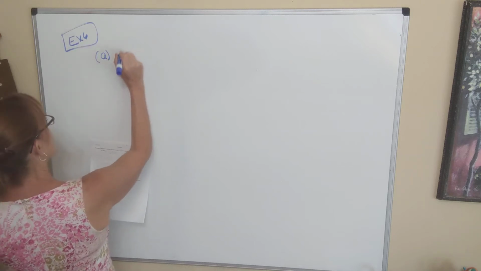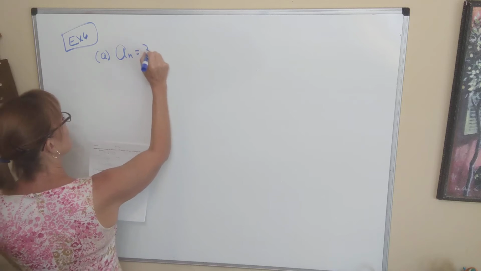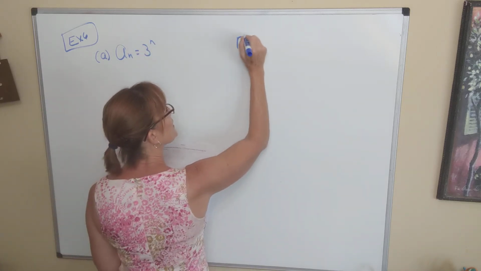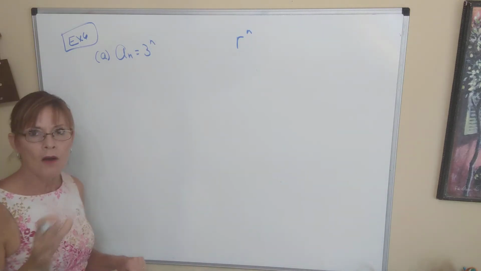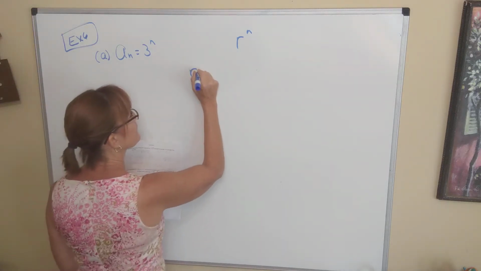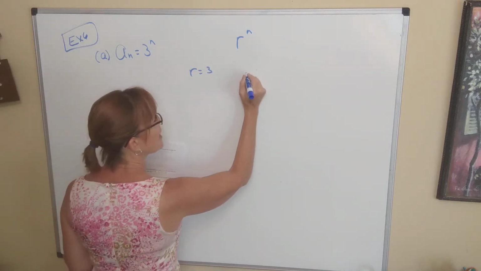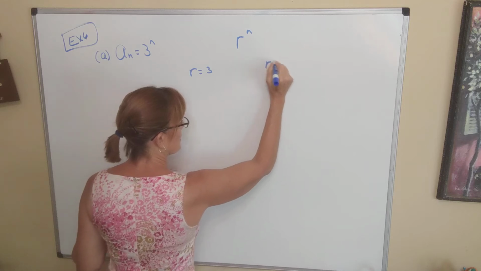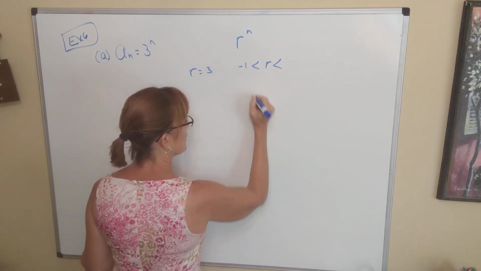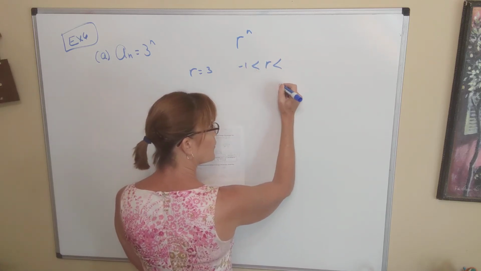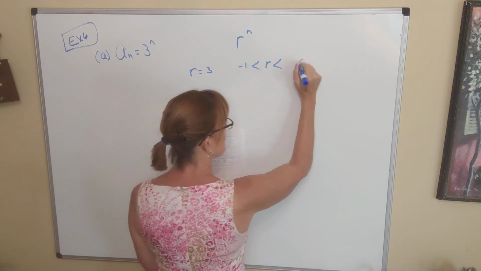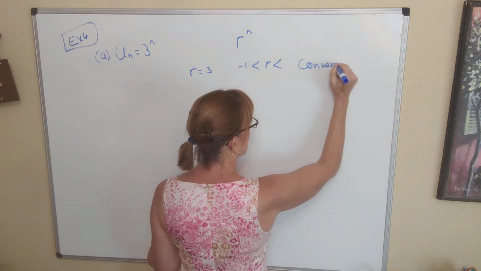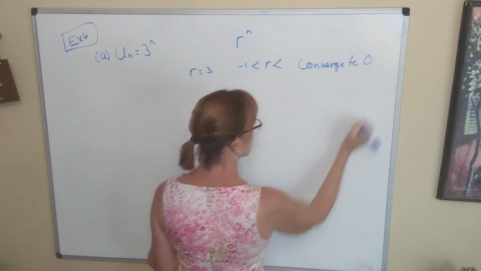The first one says a sub n is 3 to the n. Well, this totally looks like r to the n to me. So r is equal to 3. Well, 3 is not in between. This is the rule. If r is between -1 and 1, a sub n will converge to 0.